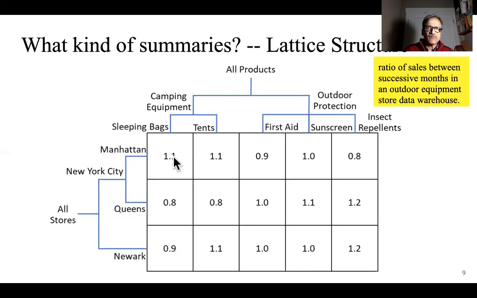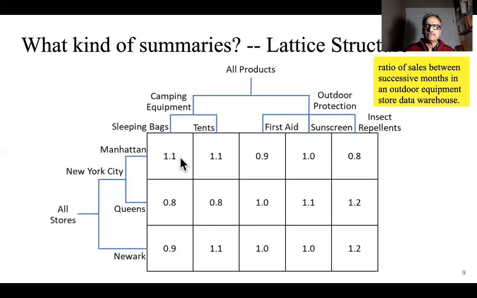The values that you find in each grid cell, which correspond, by the way, to the leaves of the lattice, correspond to the ratio of the sales between two successive months. So basically, I just picked this example to show that you can do the summary either for the raw values in a data warehouse or for changes computed, in this case, for example, by taking the ratio between two comparable snapshots of the data warehouse.